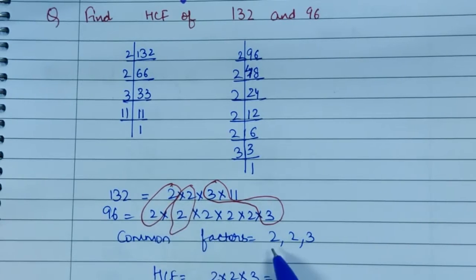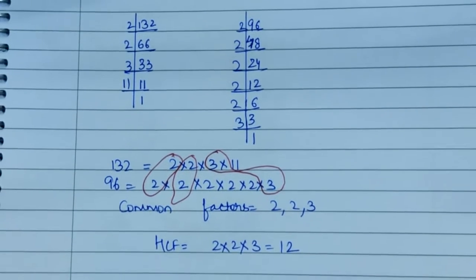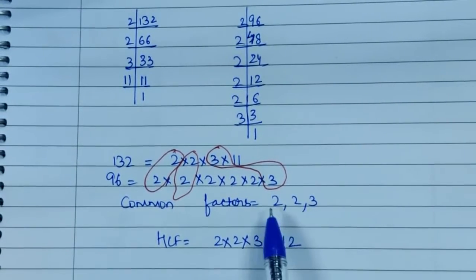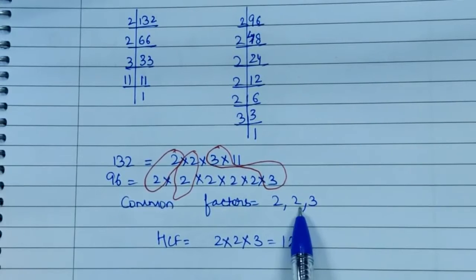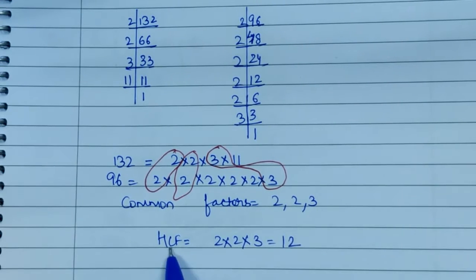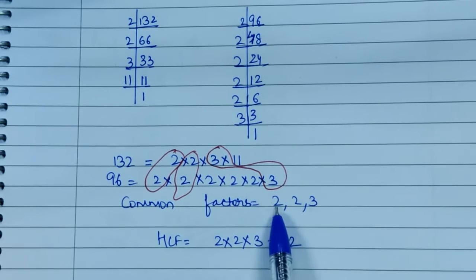This 2 is common, this 2 is also common, and this 3 is also common, so write them down. Now what will we do to find the HCF? Once we get the common factors, we will multiply all the common factors. That is 2 into 2 into 3, which equals 12.